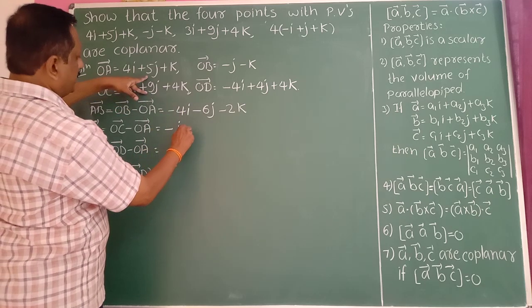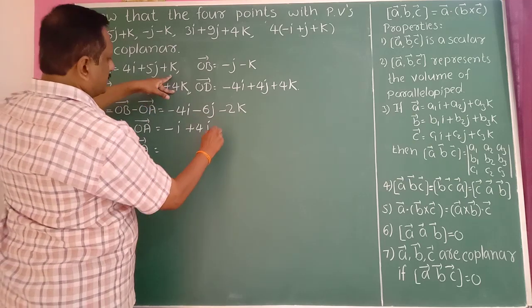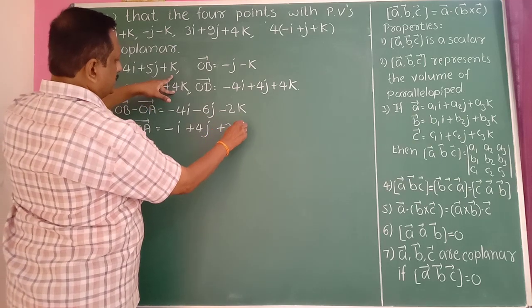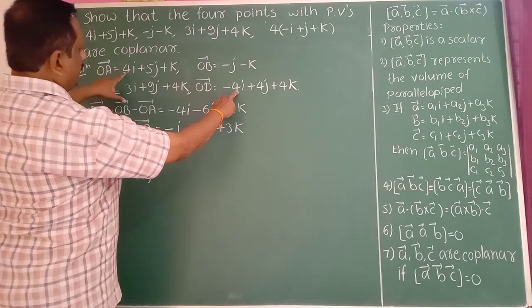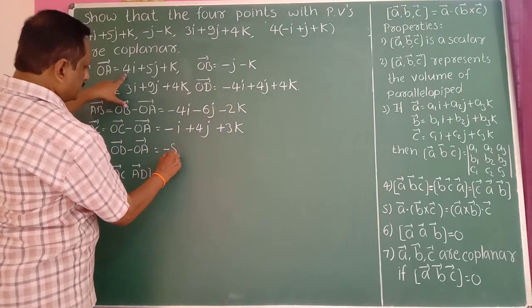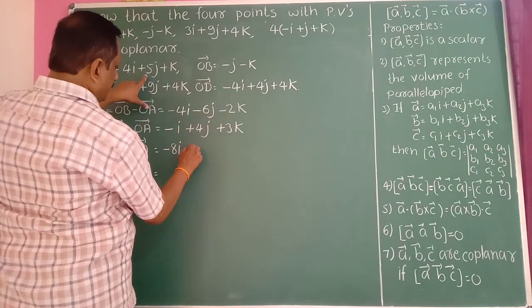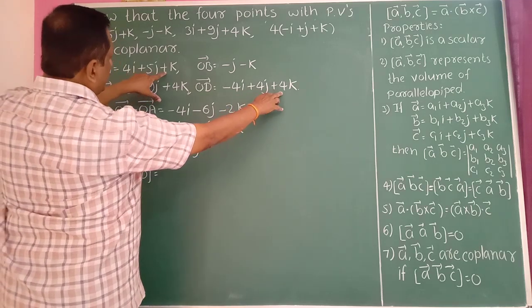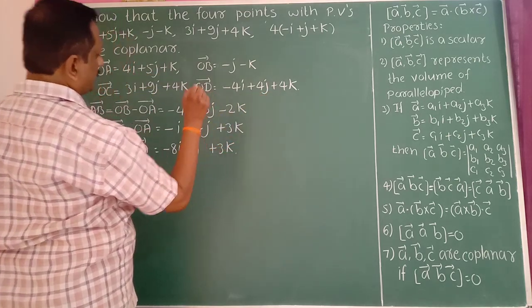9j minus 5j plus 4j, and 4k minus k becomes plus 3k. Then OD minus OA: 4i minus 4i is 0i, 4j minus 5j is minus j, 4k minus k becomes plus 3k.